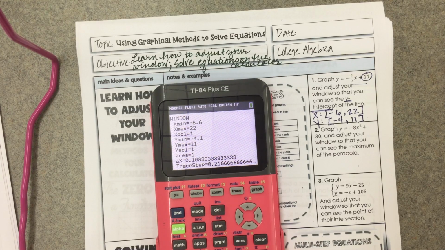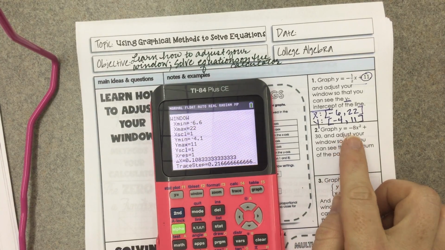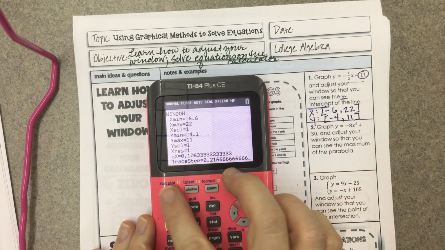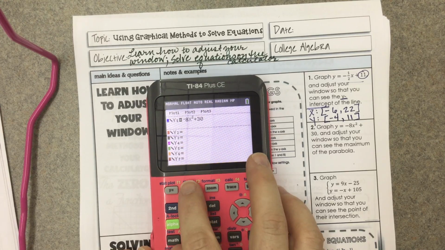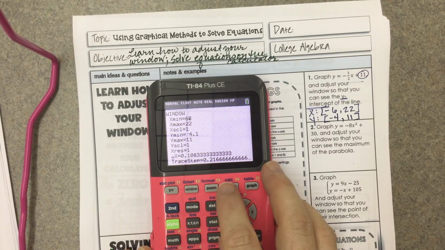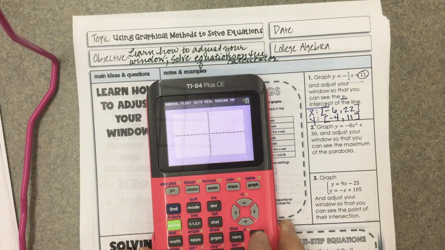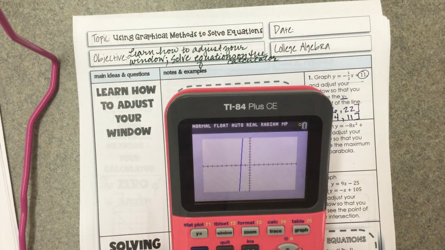Number 2 asked me to graph y equals negative x squared plus 30 and adjust the window so that I can see the maximum of the parabola. So negative x squared plus 30. I'm going to hit zoom 6 to go back to a 10 by 10.